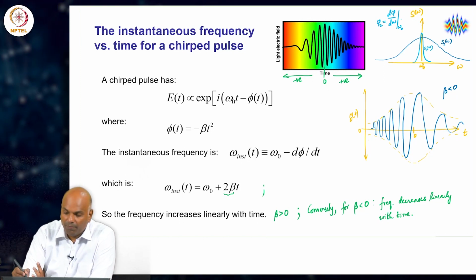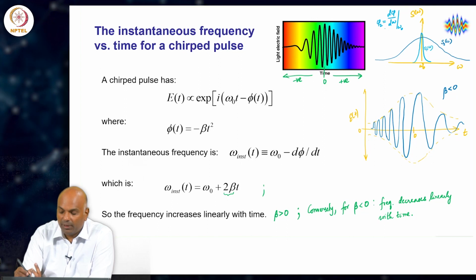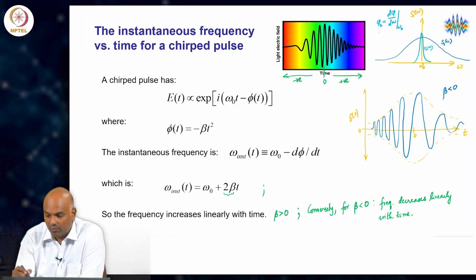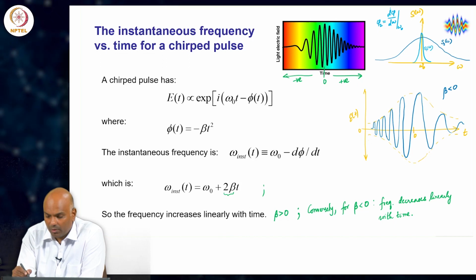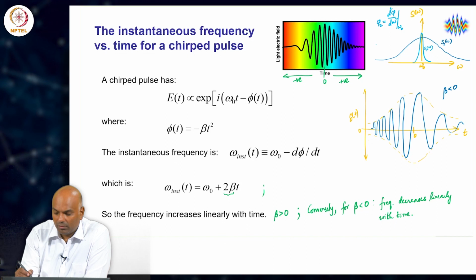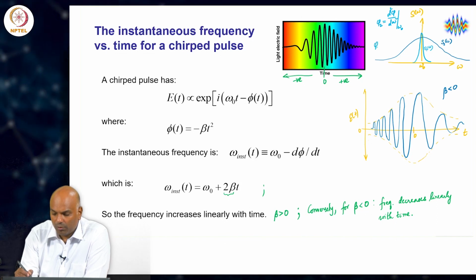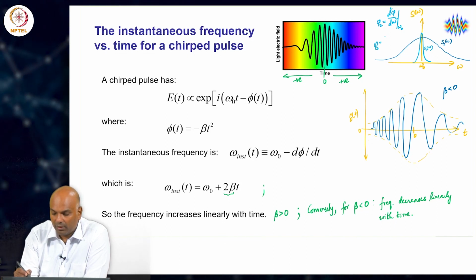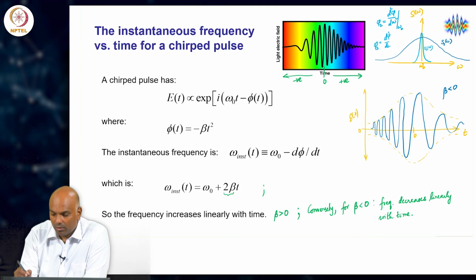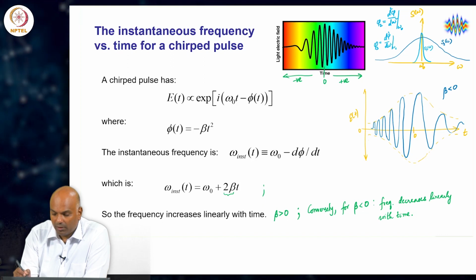It may differ from beta by a factor of 2 based on how we define things, but let us keep that out for a moment. This would be the second derivative. We do not care about phi 1. We could also talk about phi 3, which would have been d3 phi by d omega 3 computed at omega naught.